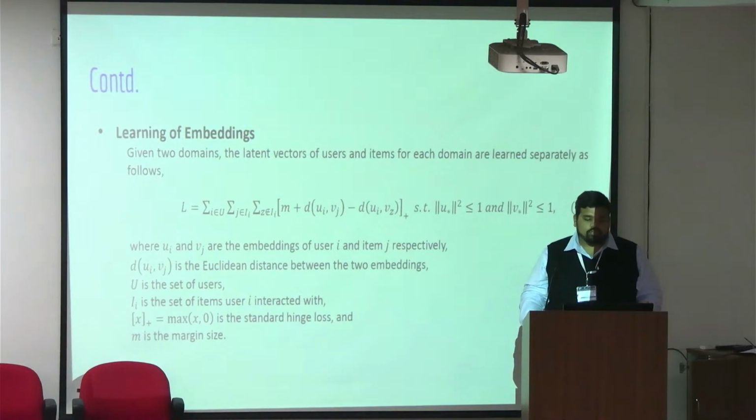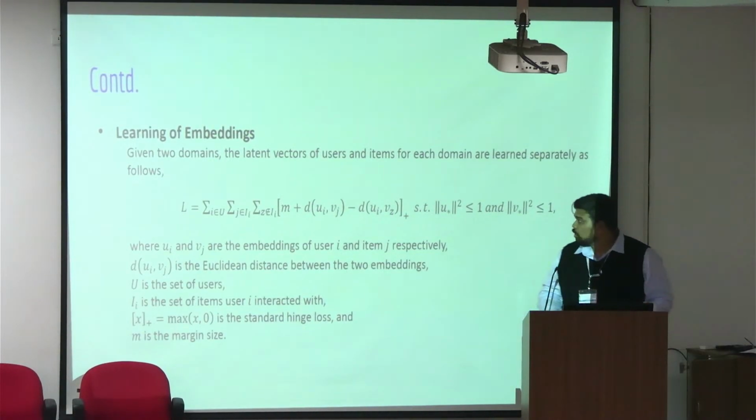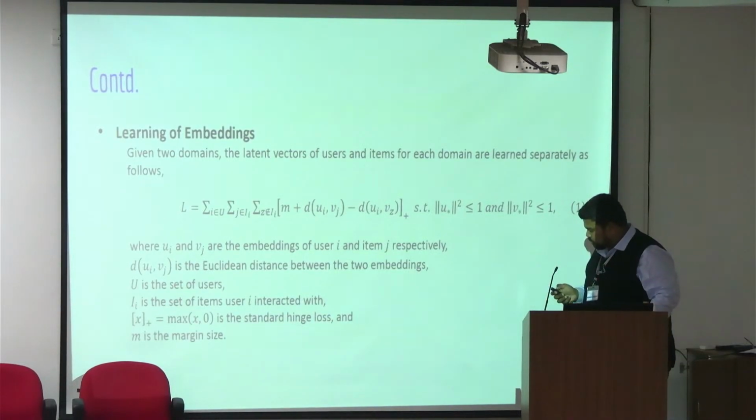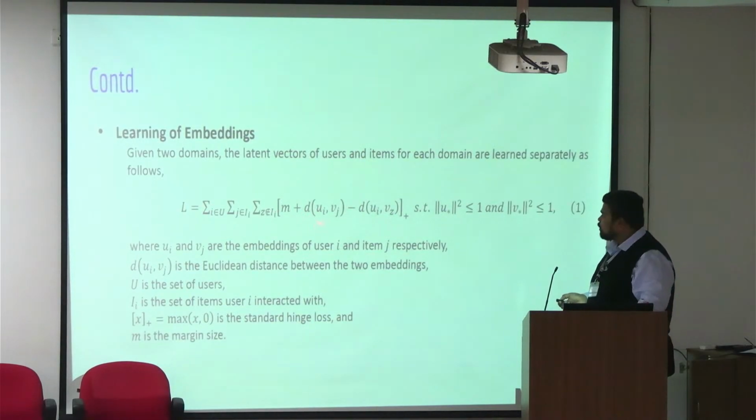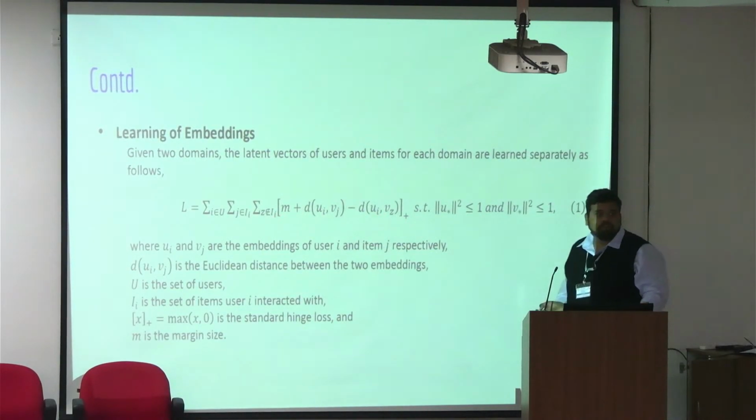First of all, we learn the latent embedding for both users and items in both domains separately. To do so, we have utilized this loss function where we are minimizing the loss such that the distance between the user and its interacted item is less than the distance between the user and its non-interacted item, at least by a margin of m.